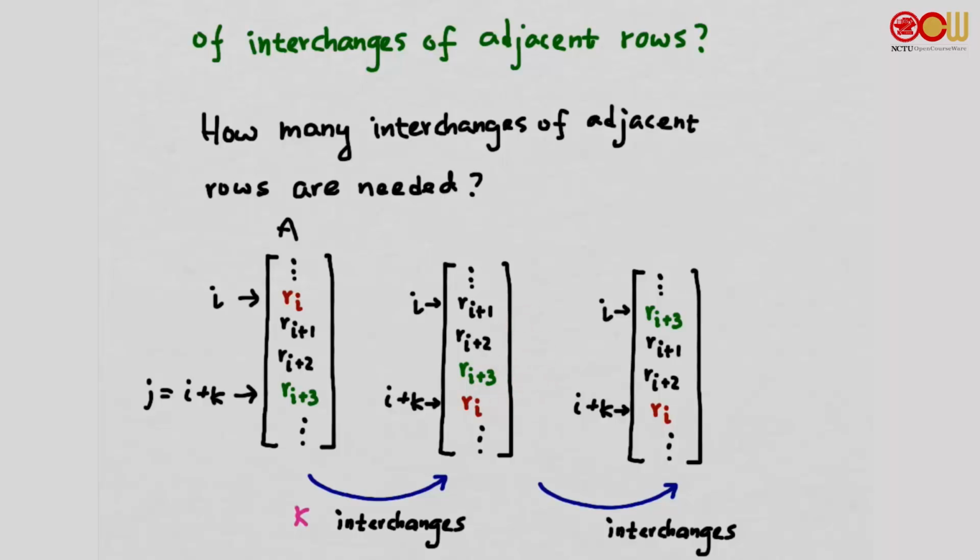In this case, how many interchanges of adjacent rows do we need? Because this one is 1 row up to start with, right? Because now the jth row is occupied by R_i. So in order to bring it up to the ith row, we need 1 less, k-1 interchanges.